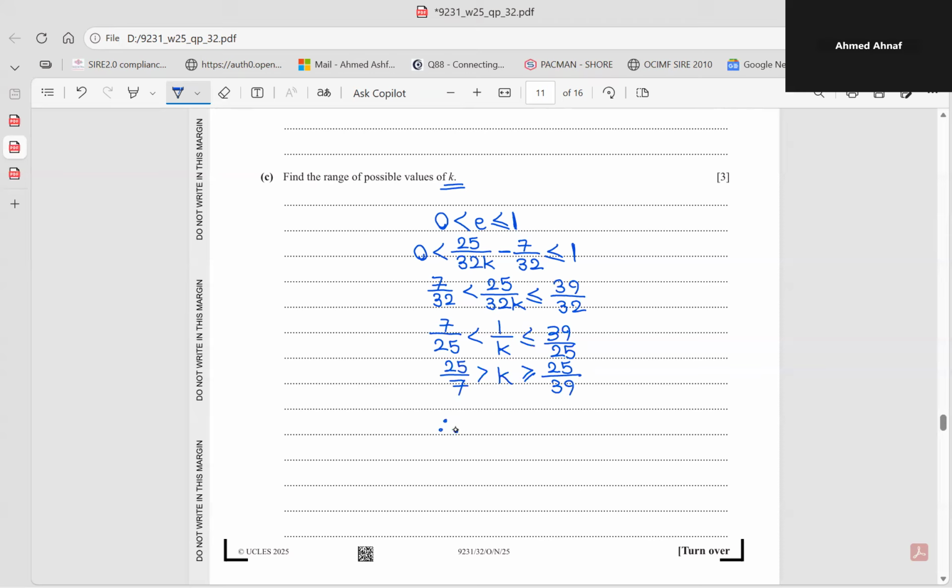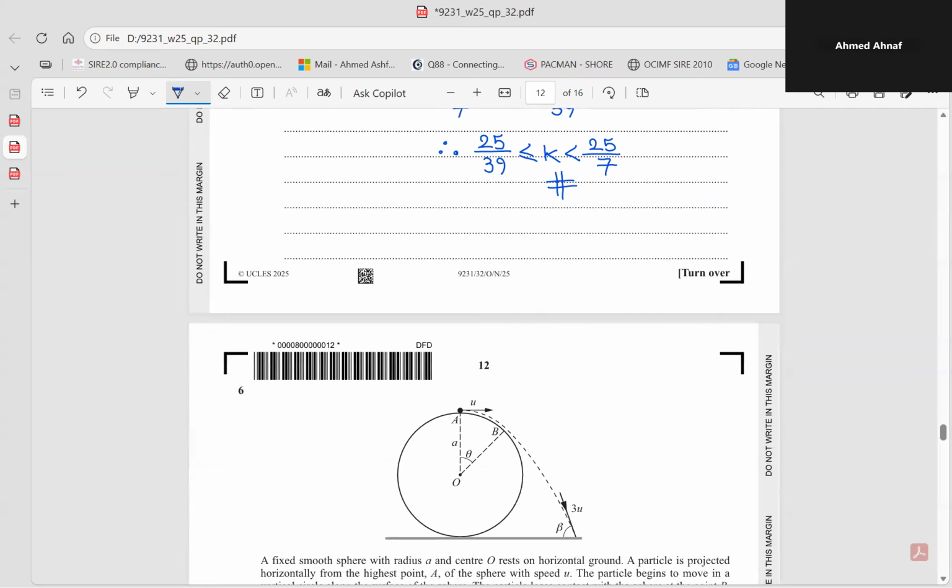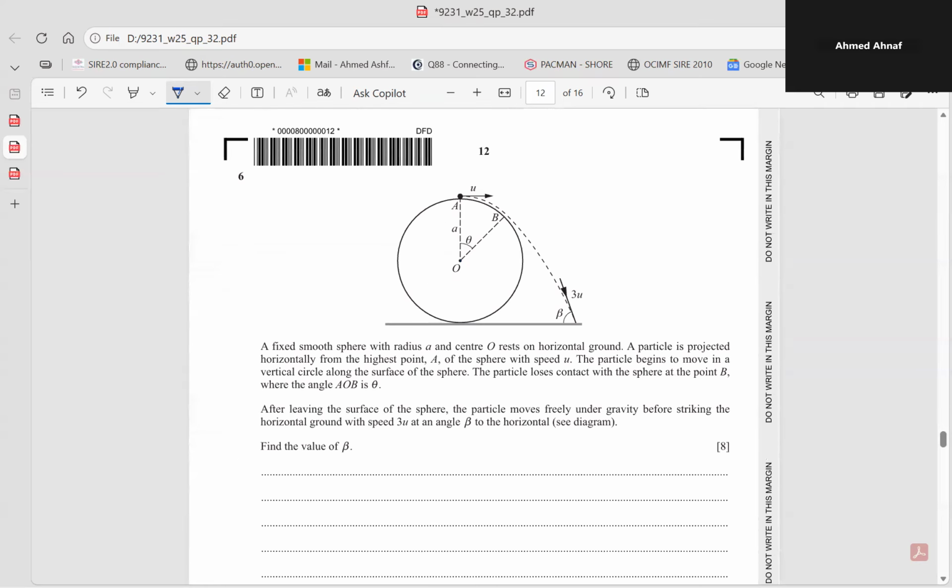So therefore the final answer is that k is greater than 25 over 39 and k is less than 25 over 27. So yeah, this would be the final answer for this last part, as well as the entire question. Let's move on to the next question.